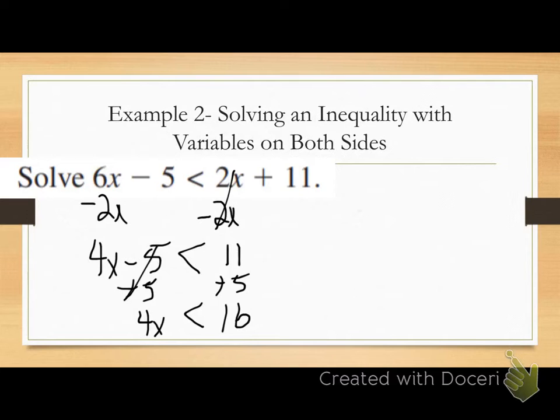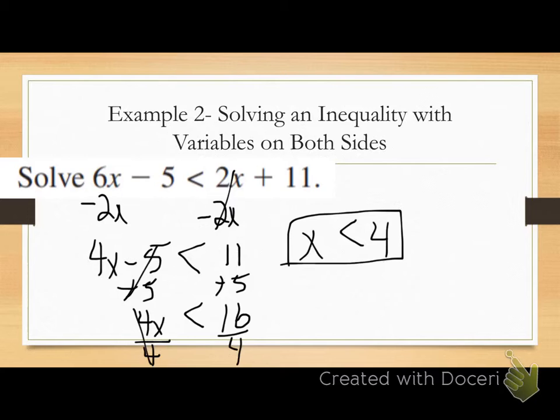Divide by 4 on both sides. Very good. 16 divided by 4 is 4. Symbol flip or stay? Stays the same. So my solution is any number that's less than 4. Questions on how I got that?